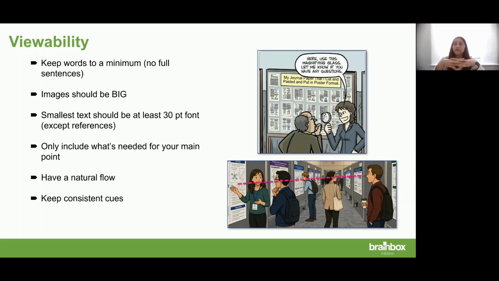If you use a certain font for headers, make sure every header uses that font so that it makes it clear. It gives your attendees or the viewers cues that, oh, this is a main section. Oh, okay, this line goes with this condition that I learned over here. So keeping these little cues consistent throughout your poster is incredibly helpful.